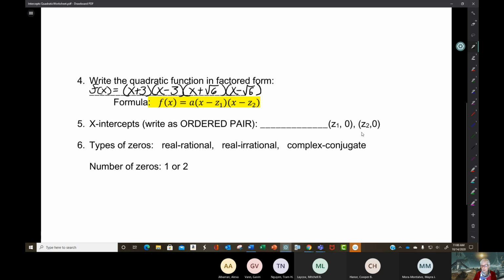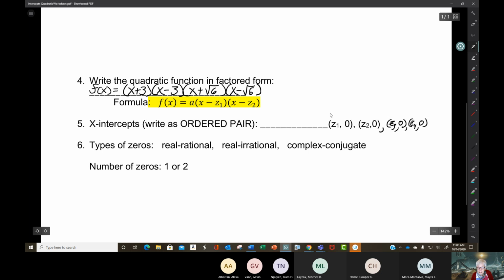And here's an example. Again, this sheet is really for quadratics, and we solved a quartic. So there would also be z3, comma 0, and z4, comma 0.